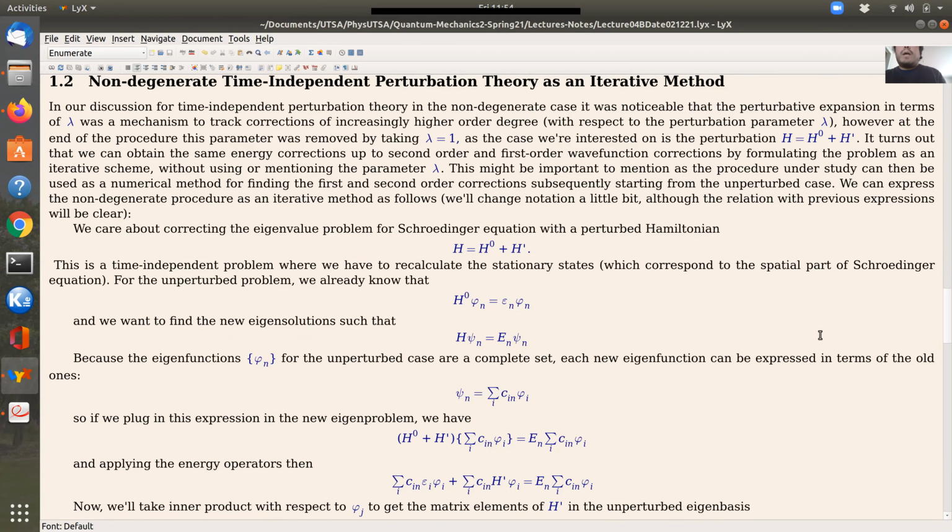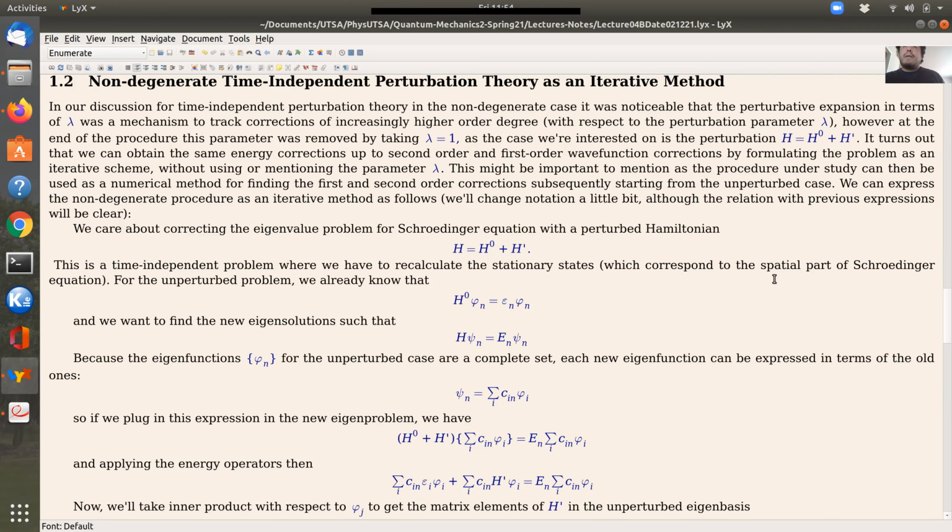So, the second part, which I think is quite interesting, and usually it's not included as part of this course, but I think it's quite interesting for you to know, is that you can interpret specifically non-degenerate time-independent perturbation theory as an iterative method.